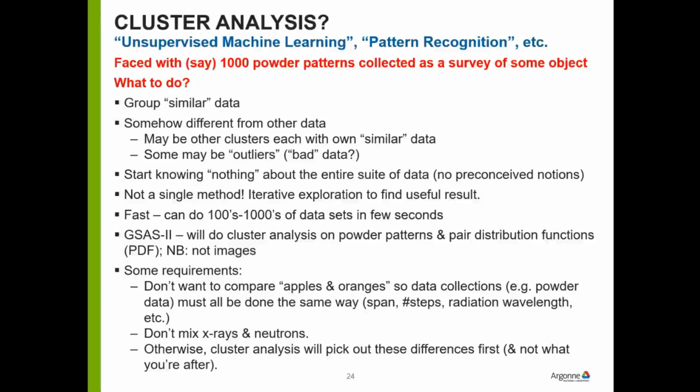And as a consequence, there's not one magic recipe for doing this. There's a whole bunch of tools for doing cluster analysis that depend on the detailed nature of the thing that you're looking at and what it is you want to find out. And you basically have to try them out.